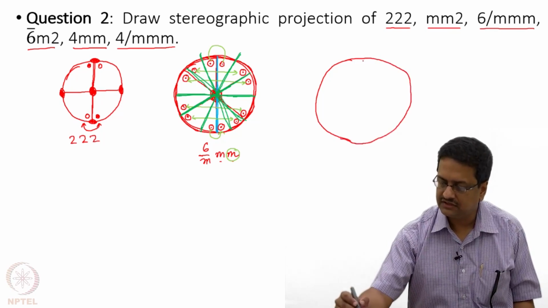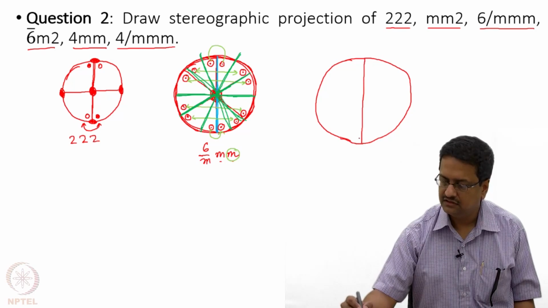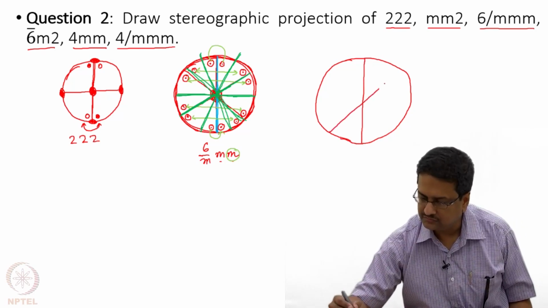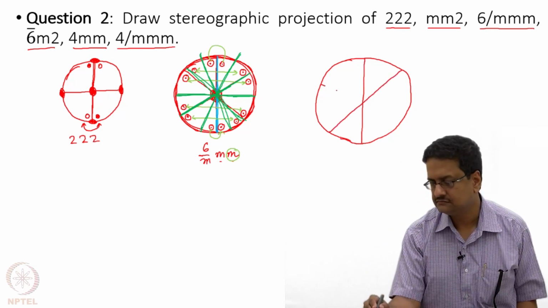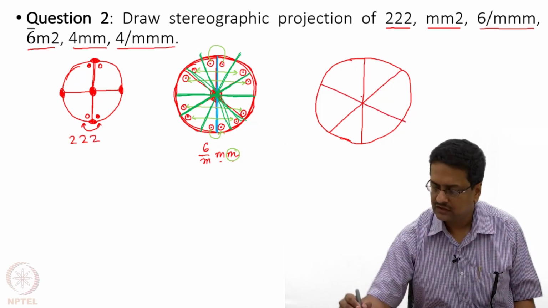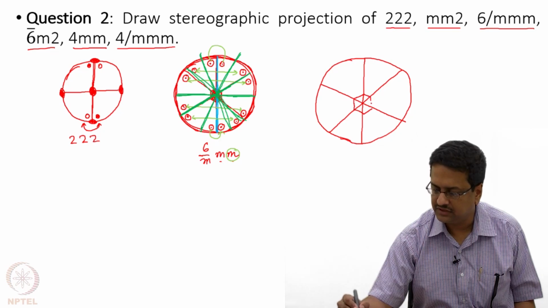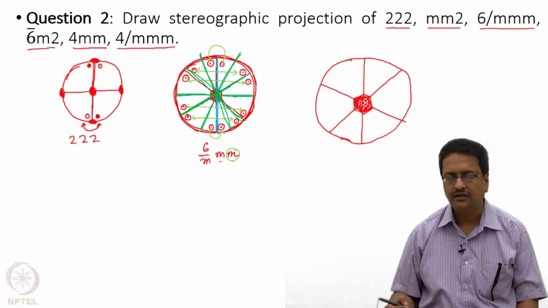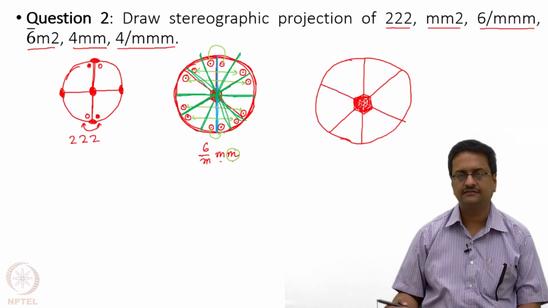As usual, we first draw the circle and divide it into 6 parts. We take the 6 bar axis perpendicular to the plane of projection and do it appropriately, so that the central zone is an open circle and the outer zone is a closed circle, because it is a 6 bar axis.